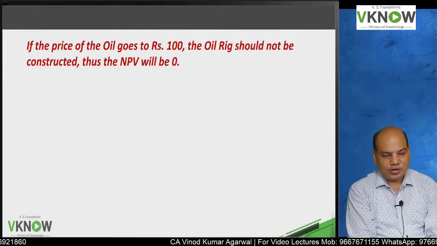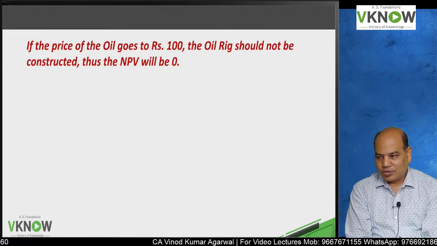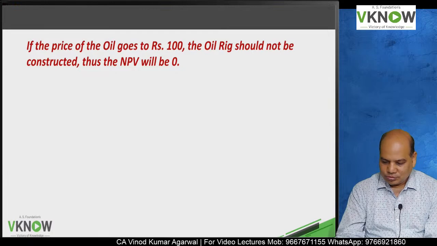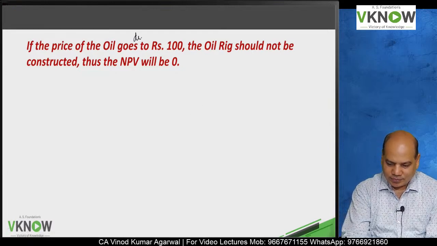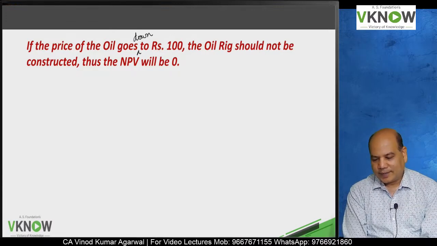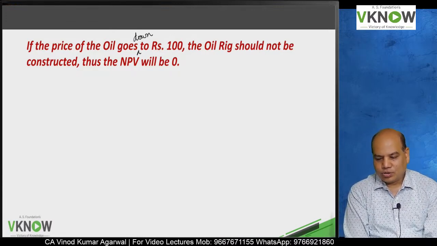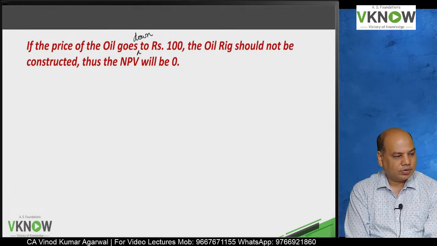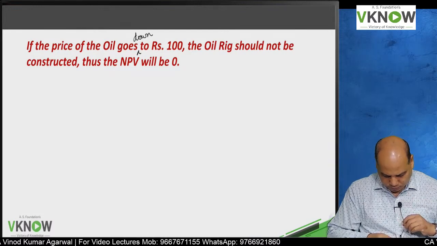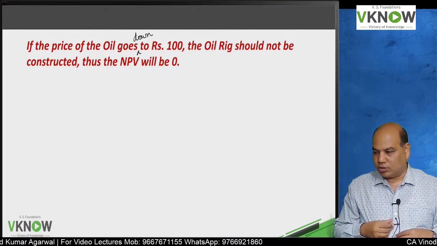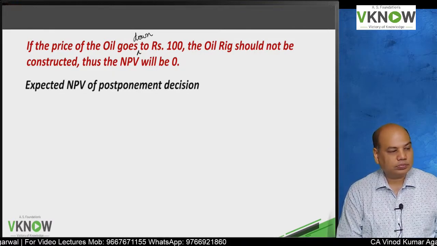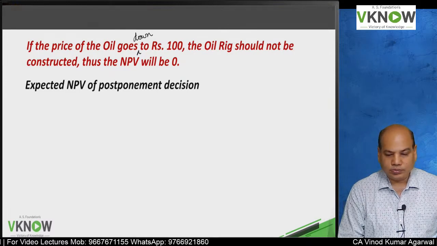If the price of the oil goes down to rupees 100, pay attention, the oil rig should not be constructed. Thus the NPV will be 0.